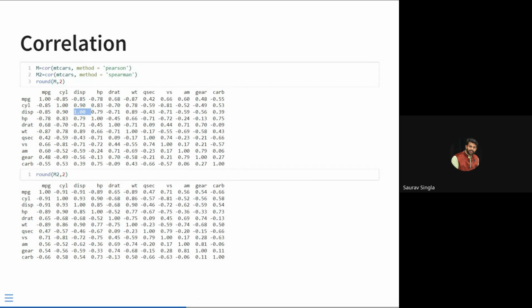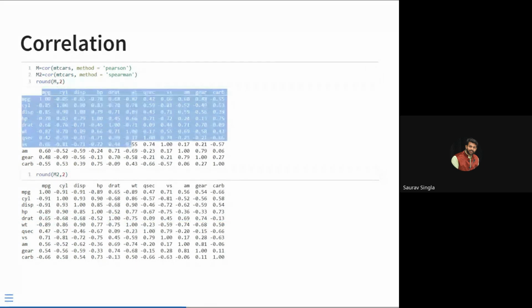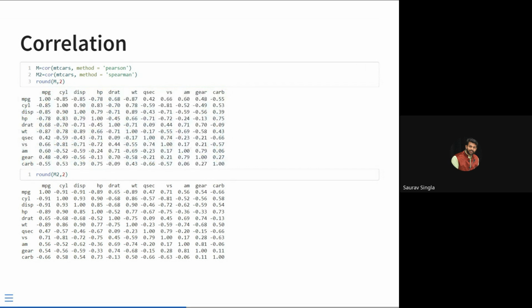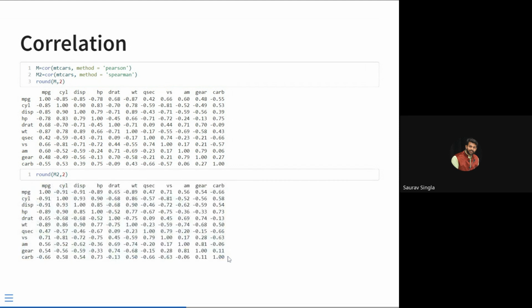Now, what is the difference between this matrix and this matrix? This matrix is showing you the Pearson correlations, and this matrix is showing you the Spearman correlations. Let's have a quick look at this. Here the CYL correlation is 0.85 and here the CYL correlation with MPG is 0.91.